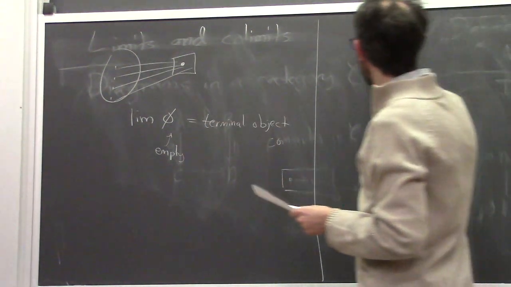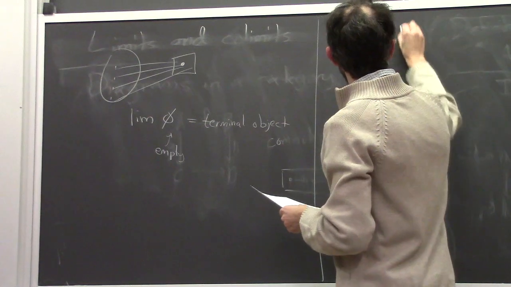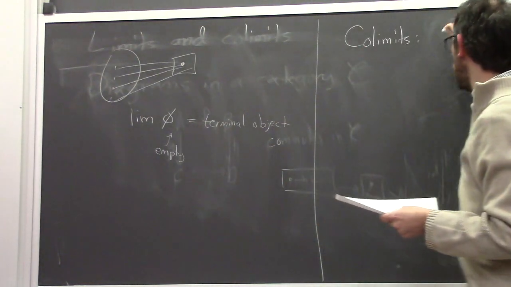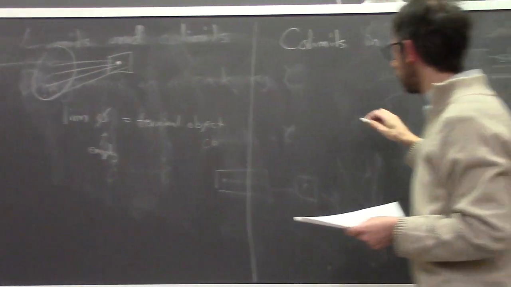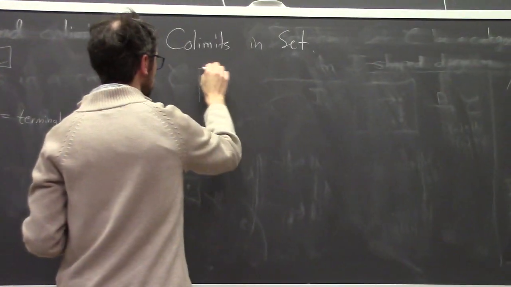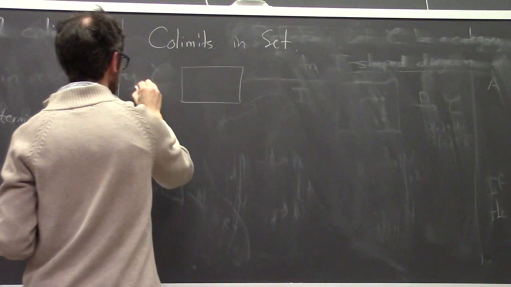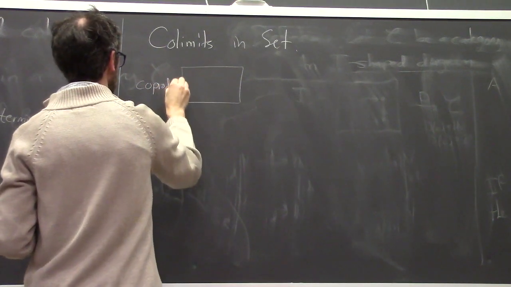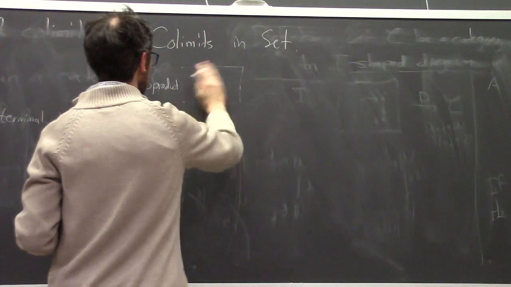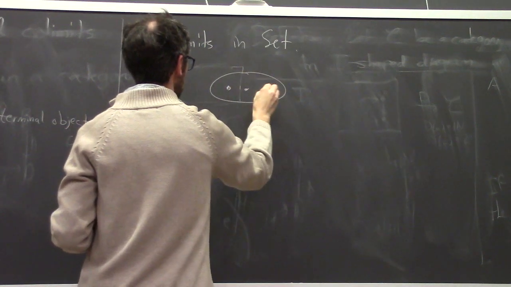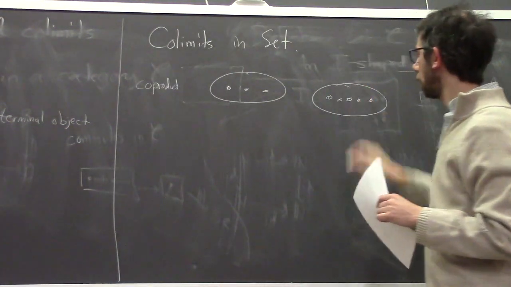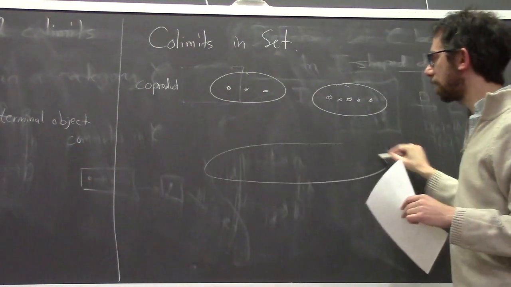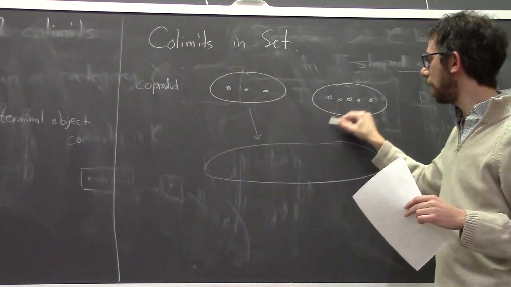So for colimits in set, there's also a pretty easy description. But let's talk about coproducts. You have some set, you have some other set. Their coproduct is like a summary, or maybe like a family photo or something.